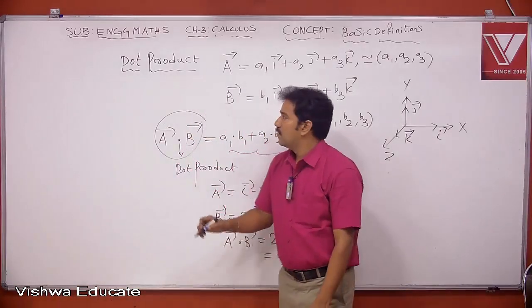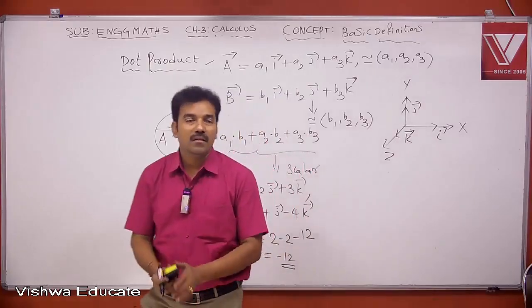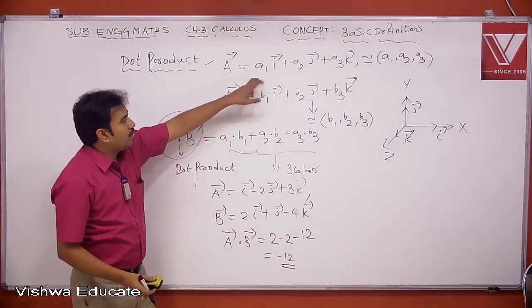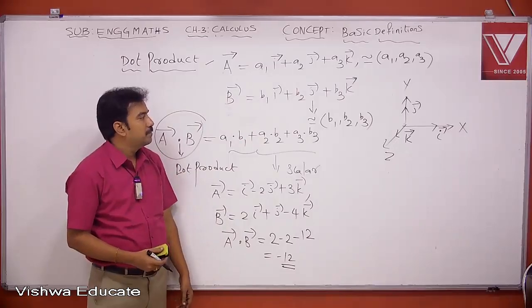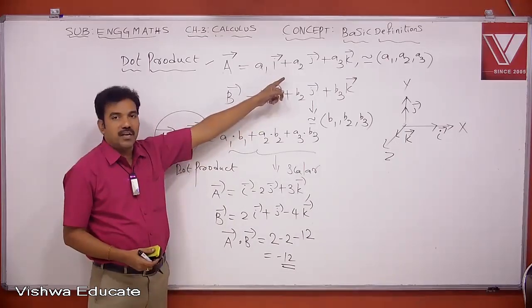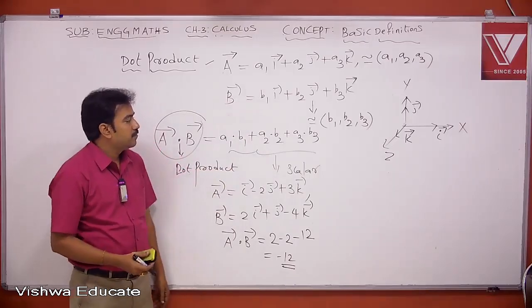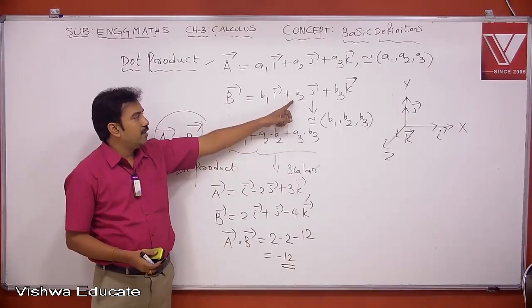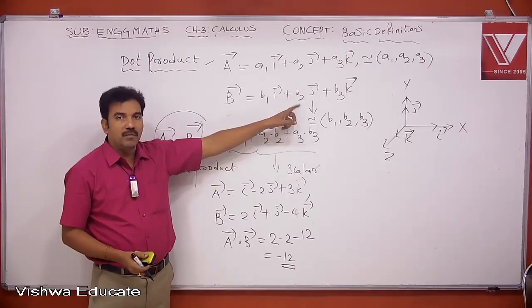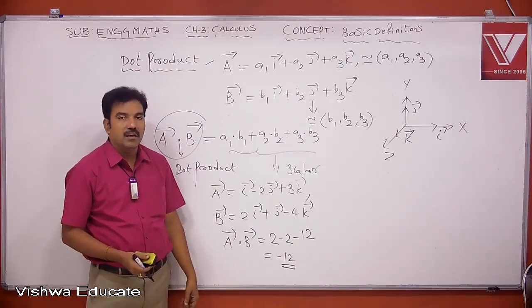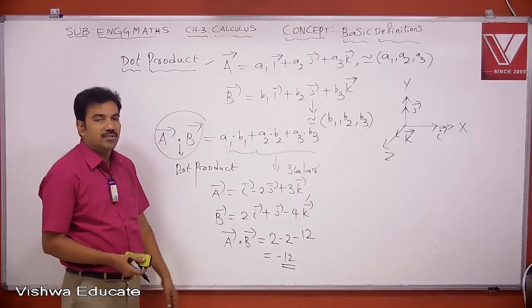So write these points. Heading: dot product. Let A bar equal to A1I plus A2J plus A3K, and B bar equal to B1I plus B2J plus B3K, be any two vectors.